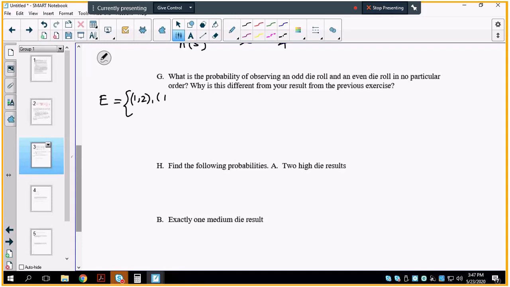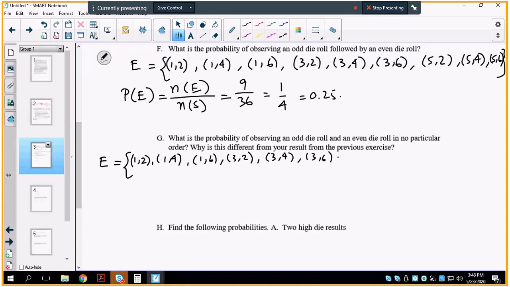I can have 1, 4, because I just want one odd, one even. 1, 6, 3, 2, 3, 4, 3, 6. So just like the last one, you can actually copy and paste. And then 5, 2, 5, 4, 5, 6.